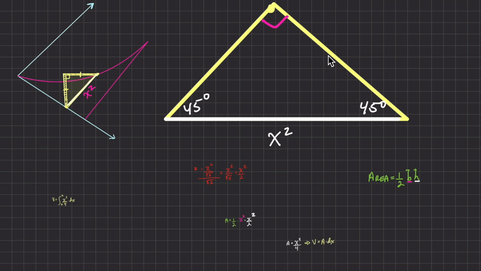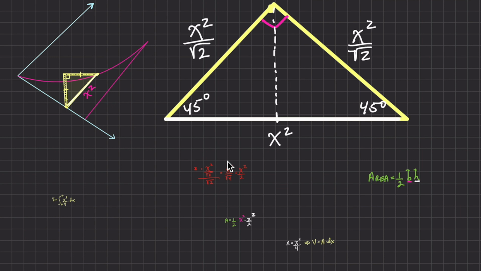If we want the side opposite the 45, we're going to get smaller by a factor of the square root of 2. So both of these are going to be x squared divided by square root of 2. But folks, to get the area of this, we need this height. We have to do 1/2 base times the height. So how are we going to figure that out?